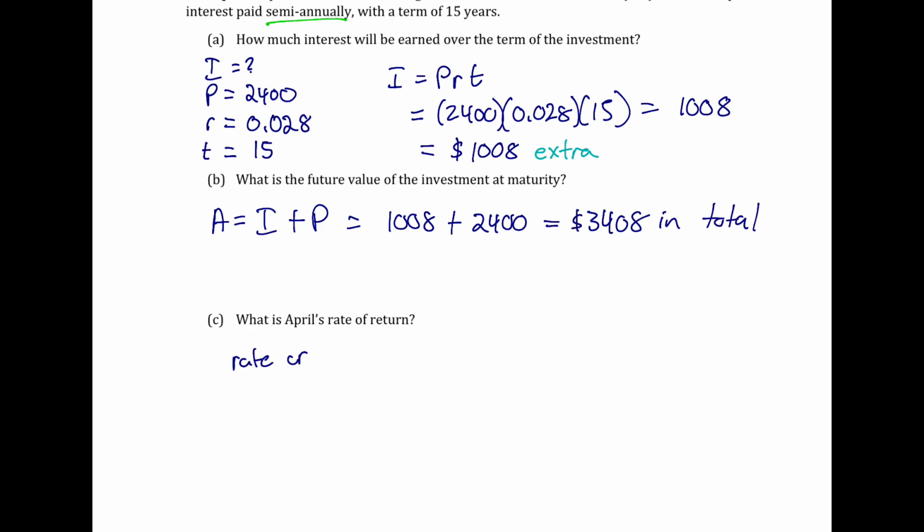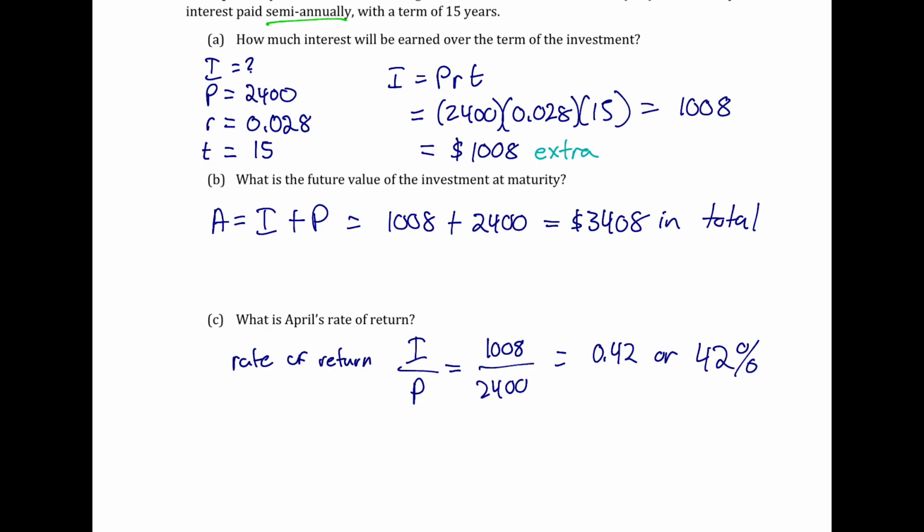So that's the rate of return, which is usually a percent, an investment based on percent. You just take the I divided by the P, 1,008 divided by 2,400, and I get 0.42 or 42%. Because we know how percents work, we can do the percents.